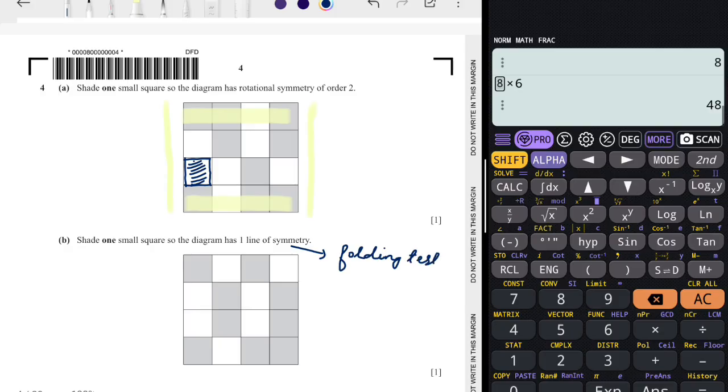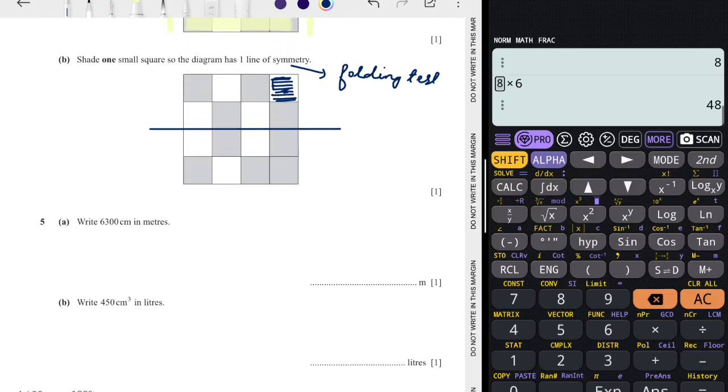So if you fold this diagram from the middle, you will come to know that there is one box missing here. When you fold them, you will have a perfect one line of symmetry, that is horizontal line. Now next question.